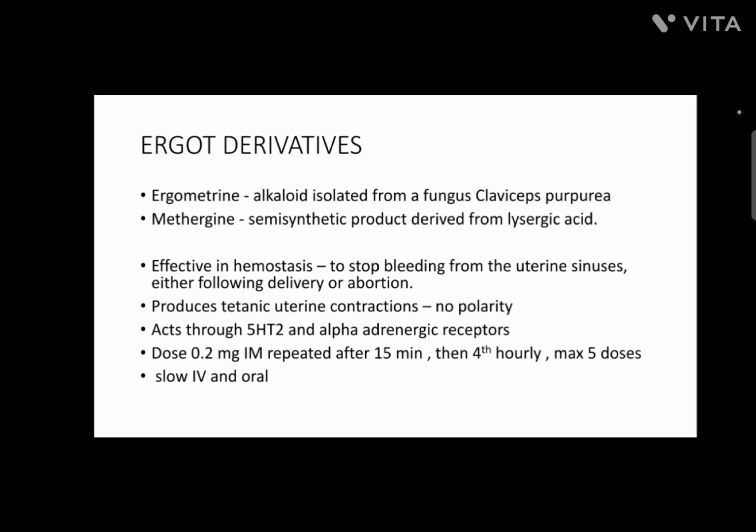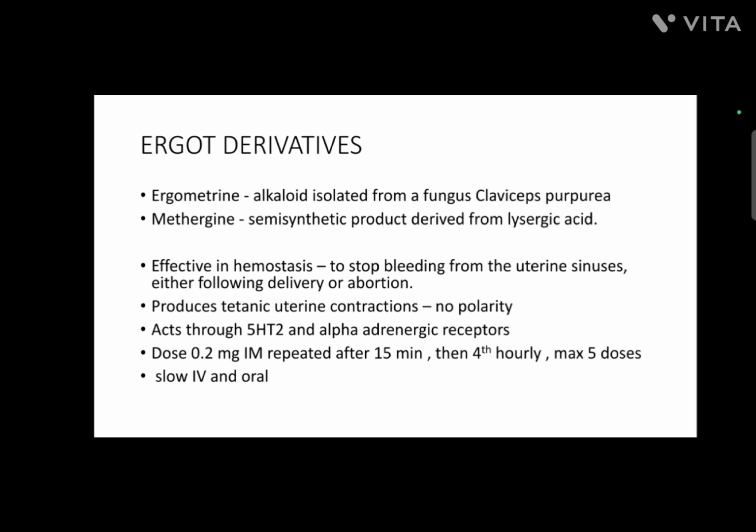Next, the mechanism of action is that it acts on the serotonin receptors as well as the alpha adrenergic receptors, and it causes tetanic uterine contractions. Next, what is the dosage that I have to give, doctor? You can give 0.2 mg IM, a maximum of 5 doses.